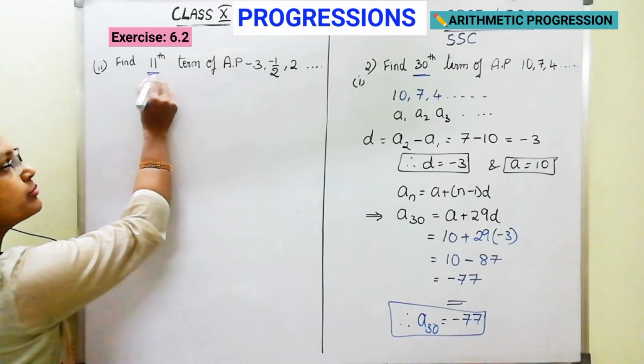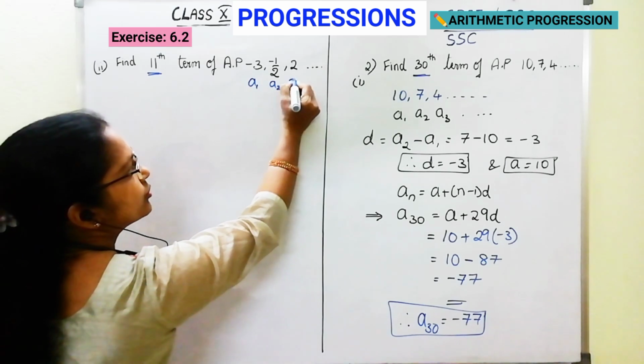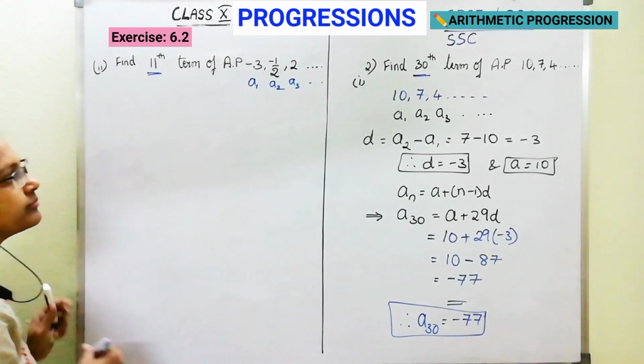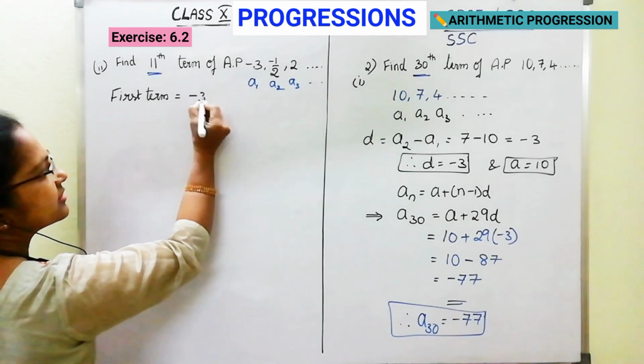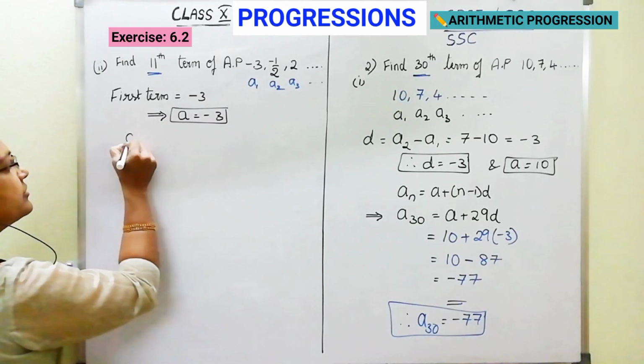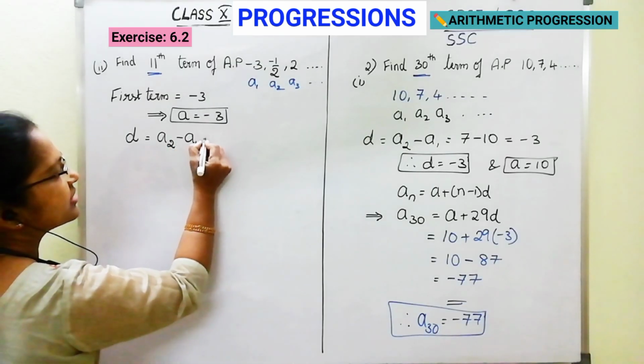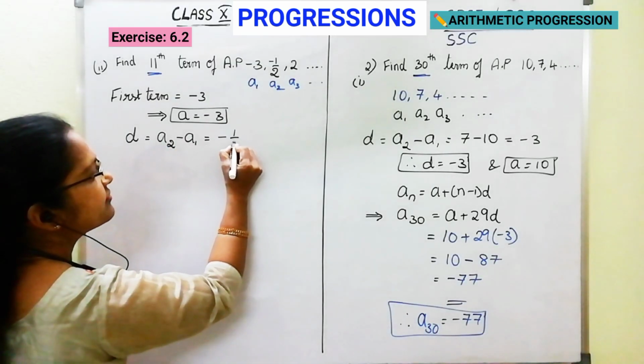In this question we are supposed to find the 11th term. Here this is A1, A2, A3 and so on. First term is equal to minus 3. First term is A. A is equal to minus 3. Common difference D is equal to A2 minus A1. A2 is minus half.